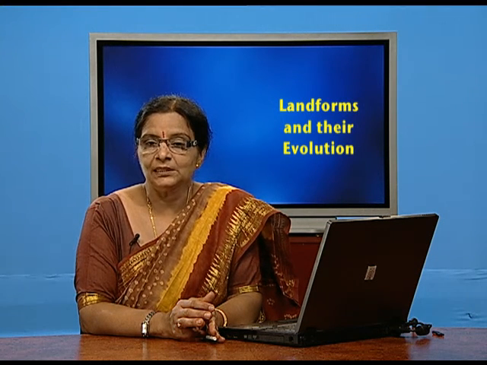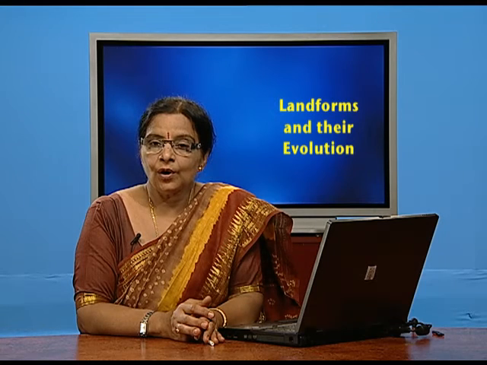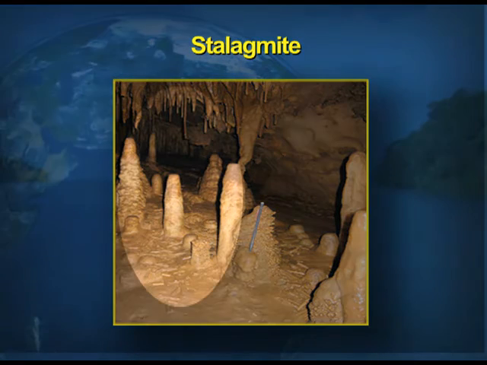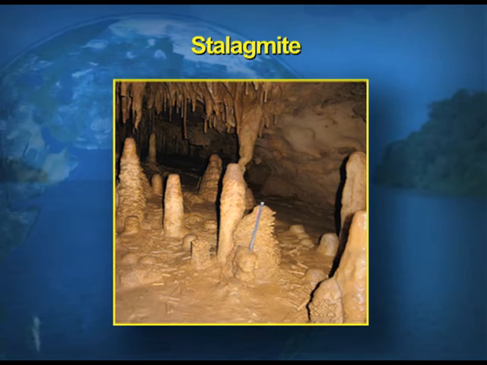The stalagmites are thicker and flatter, rising upward from the floor. Dear children, on your screens you can see the visual of a stalagmite. This picture shows how the formation starts rising upwards from the floor towards the roof of the cave.